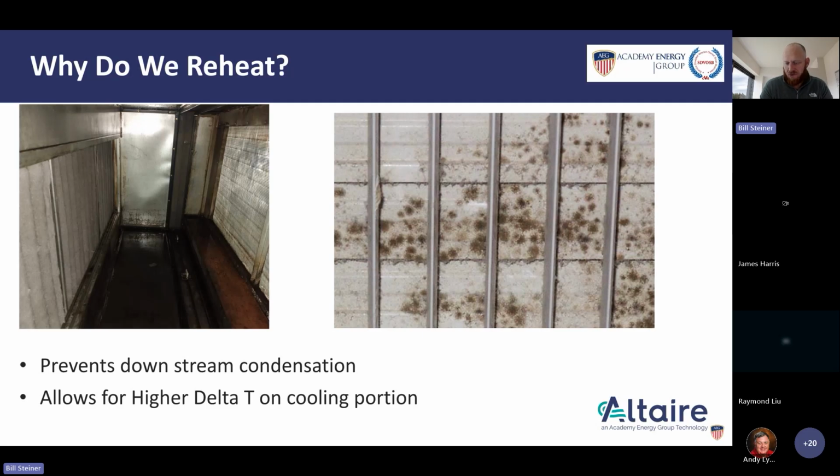So anytime we have fully saturated air and that crosses a pressure differential, filters, coils, anything in your unit that requires some amount of static pressure to run, there is a high chance that you are going to have some of that water fall out of the airstream and start to puddle in your unit.